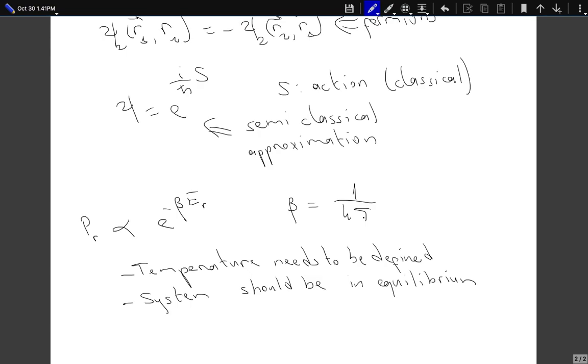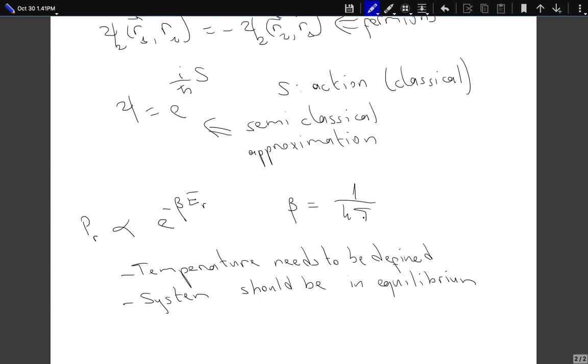Then he says that we also said that all the microstates have the same probability, which seems to contradict this expression. Because this expression tells me that the probability of being in one microstate depends on its energy. It's not the same. And now I will be claiming that both of these statements are correct. How come? You have to consider the rest of the canonical ensemble in one case. If you consider the canonical ensemble as a microcanonical ensemble, you have to check.